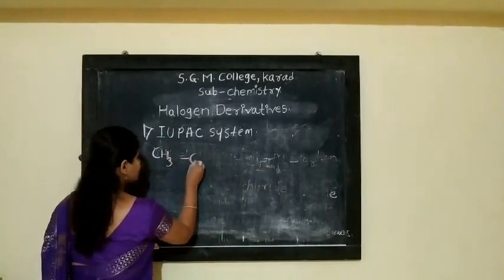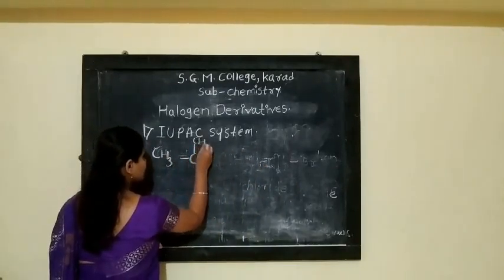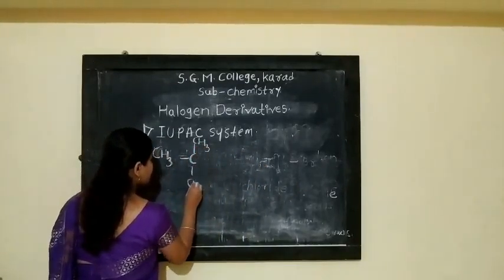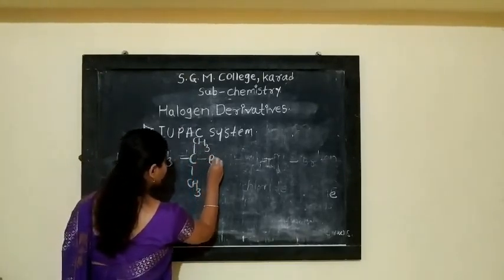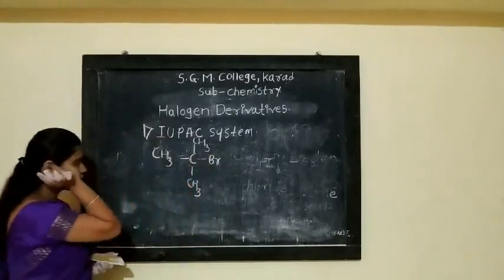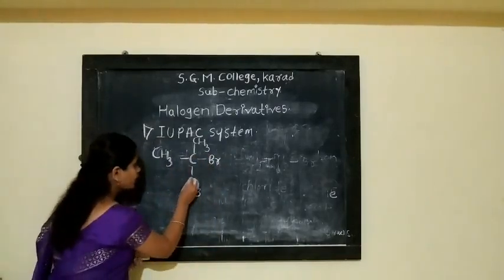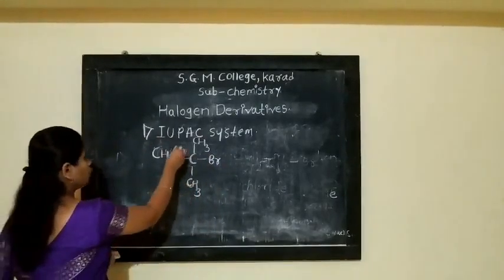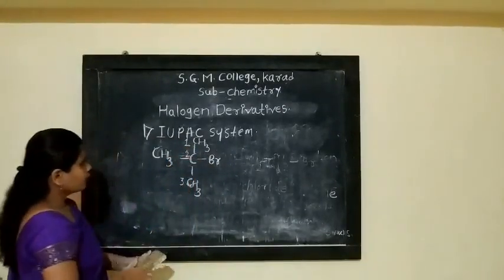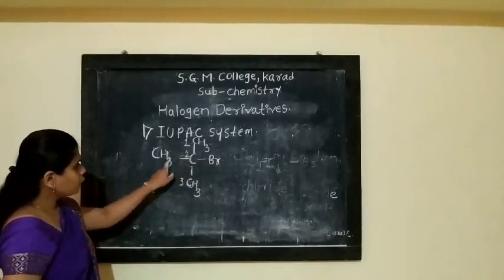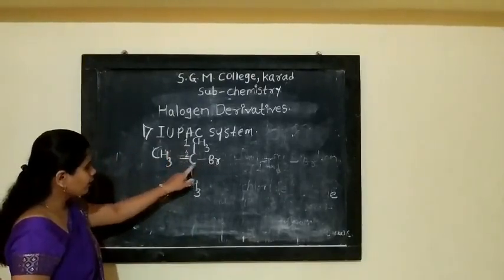CH3, CH3, and here bromine. Select the longest continuous carbon chain 1, 2 and 3. Here 1 bromine and 1 methyl group are attached to the second carbon of that chain.